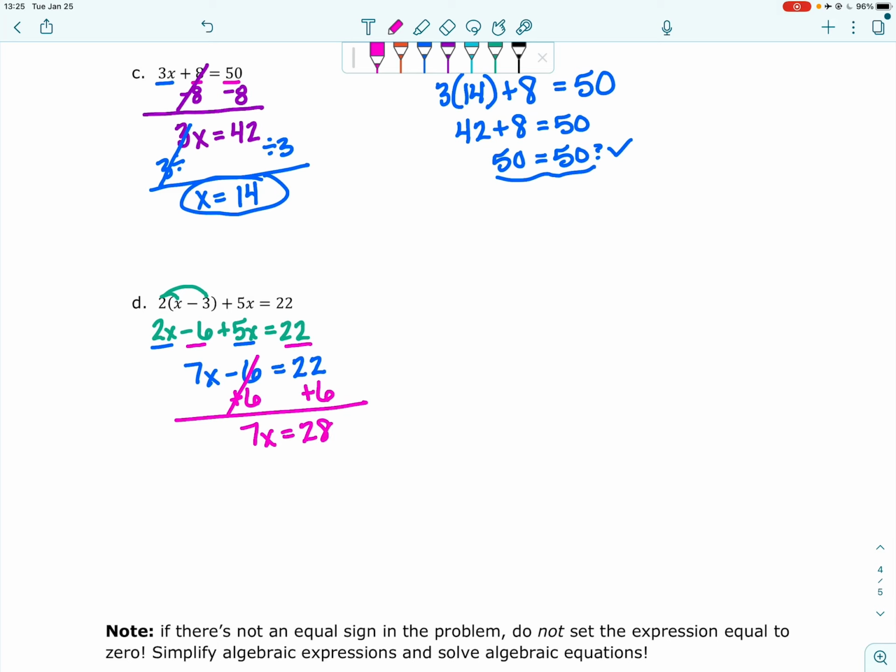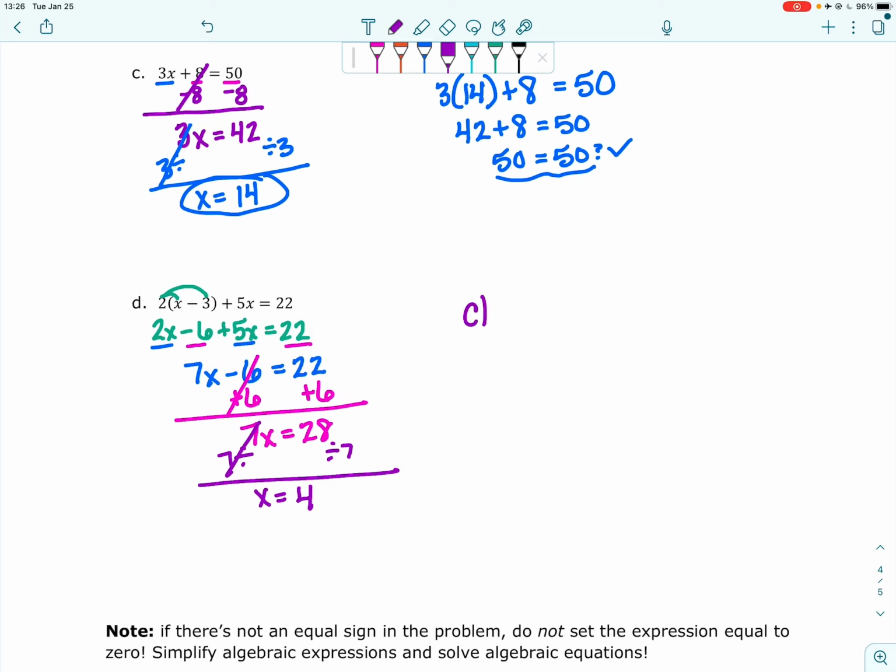And then I have 7x, and I want to have only one x, so I'm going to divide both sides by 7. So now I only have one x on this side. 28 divided by 7 is, I believe, 4, but I'm going to double check that because, there we go, it is. Sometimes the timesing by 7s and dividing by 7s, they just escape me.